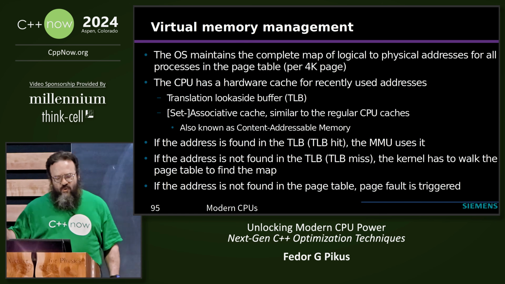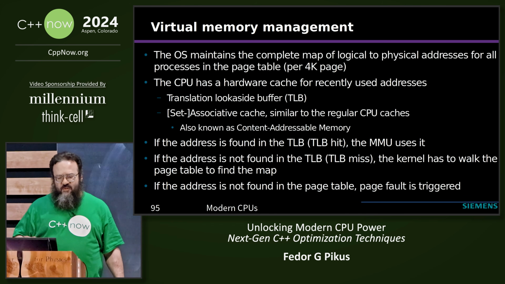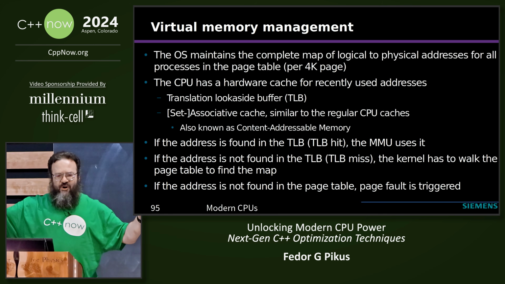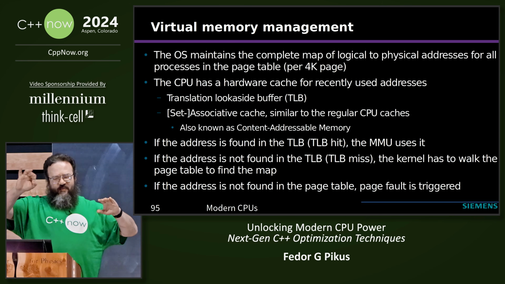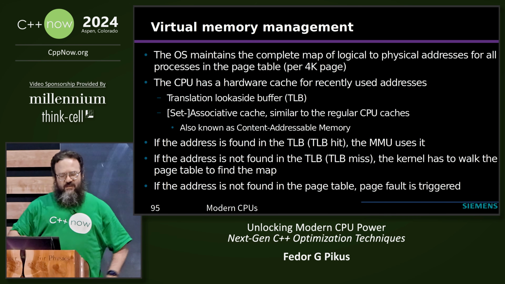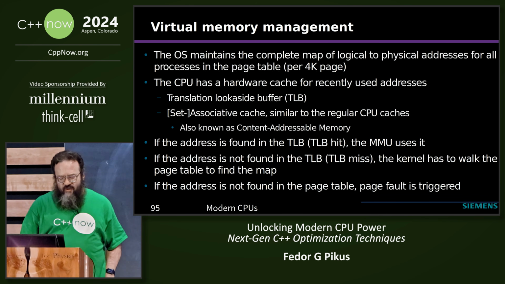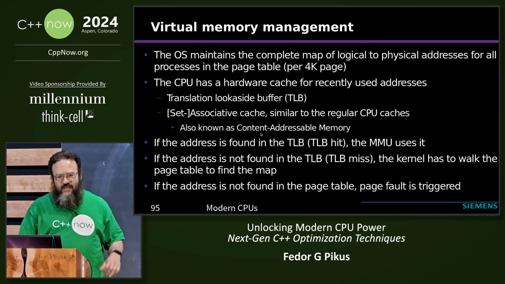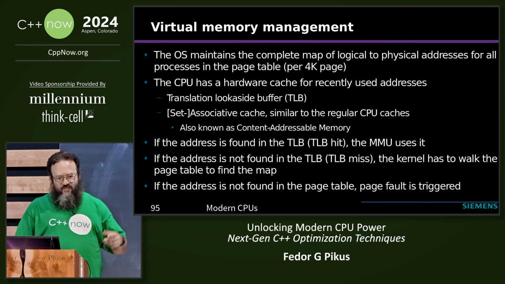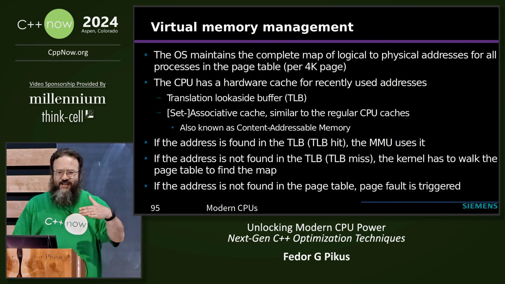And then there is the software walk, and the page table is actually pretty complex. It's a tree-like structure, and it has optimizations for unallocated memory ranges. But once you have to walk it, you're in software, and if you turn on the kernel profile, you will find out exactly the name of the kernel function that does that.